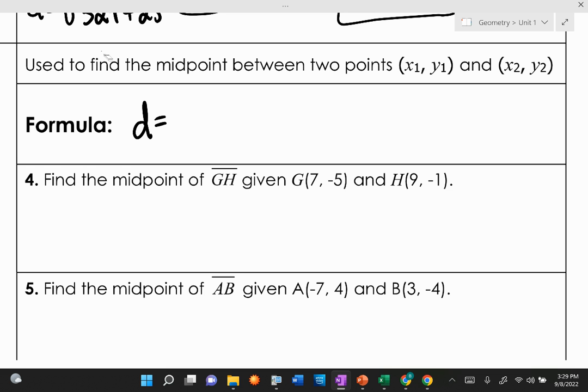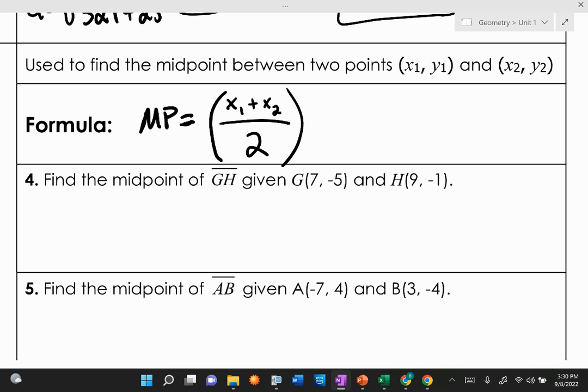We are looking for a point. So just for the sake of writing out the formula, we'll put MP equals. You're going to love this.